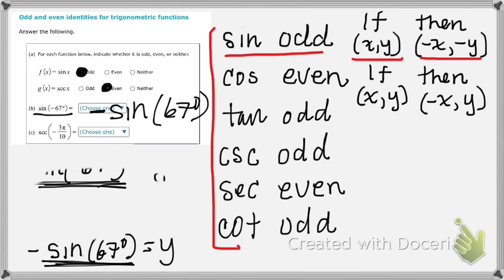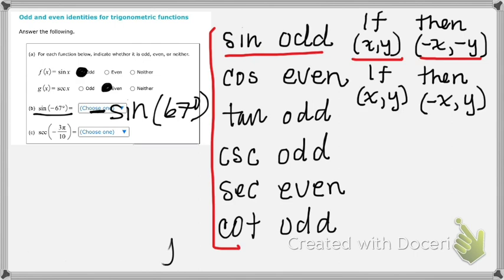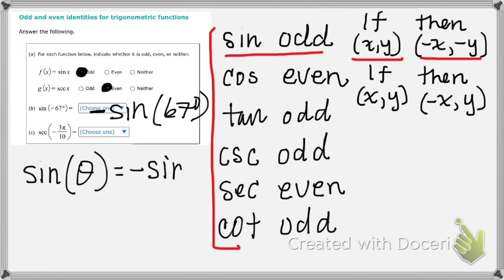Now, you don't have to go through that process every single time that I did there. Actually, you're just going to memorize that for the sine of anything, it doesn't matter whether the angle is positive or negative, the sine of theta is going to be equal to the opposite of the sine of negative theta. Kind of ran out of room there.